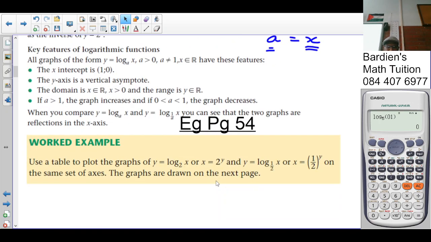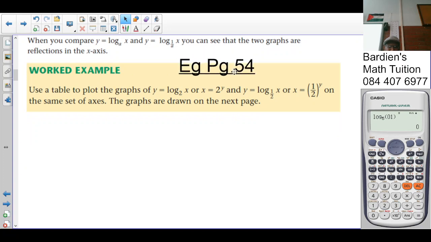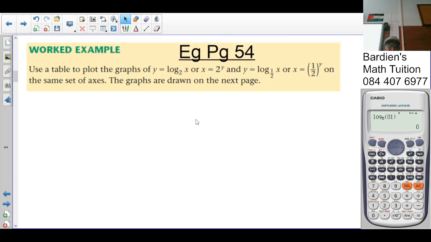So let's look at the example here, the example on page 55. Use your table to plot the graphs of y equals log x base 2, or x equals 2 to the y, and that equation.